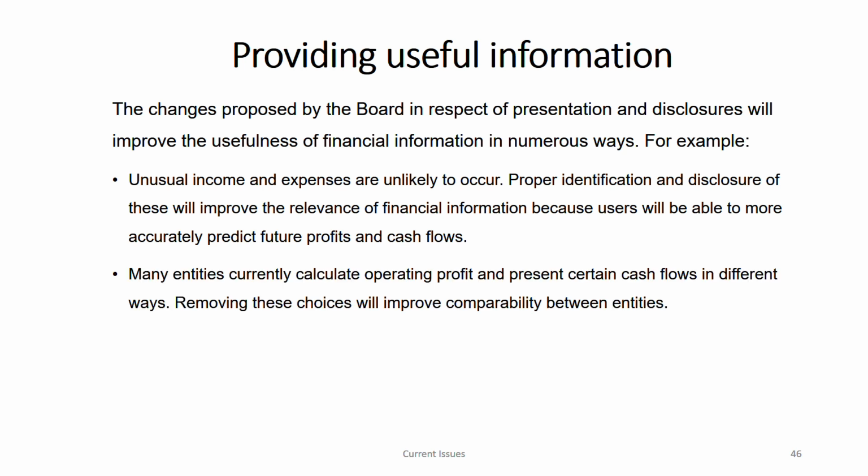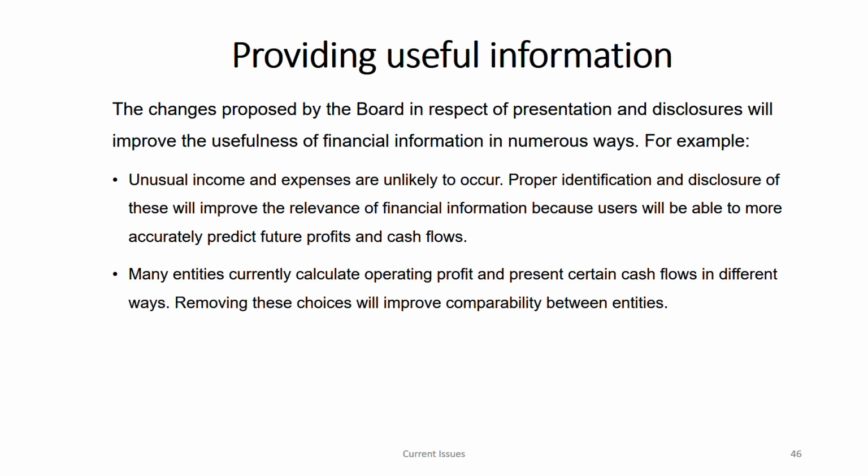Then many entities calculate operating profit, and they present certain cash flows in different ways. Because of this, comparability becomes harder. When you are removing these choices, there is no choice. We just saw in the statement of cash flow, choices are removed, so comparability is improved.